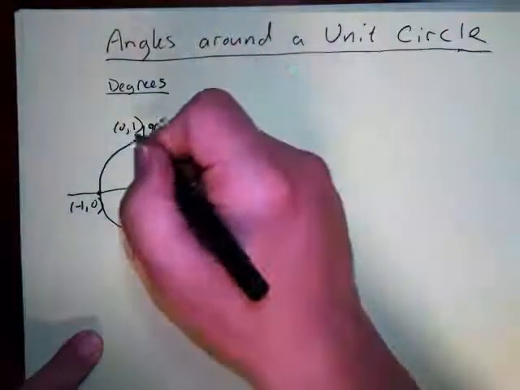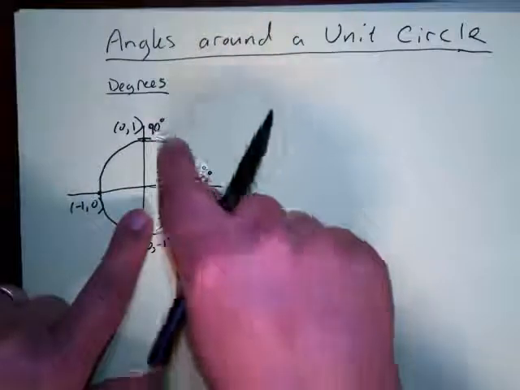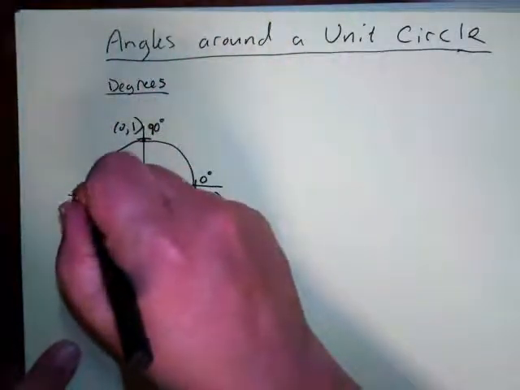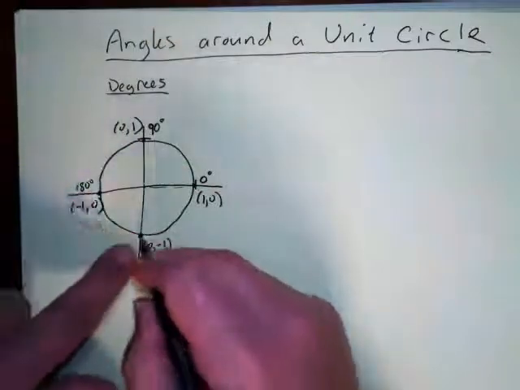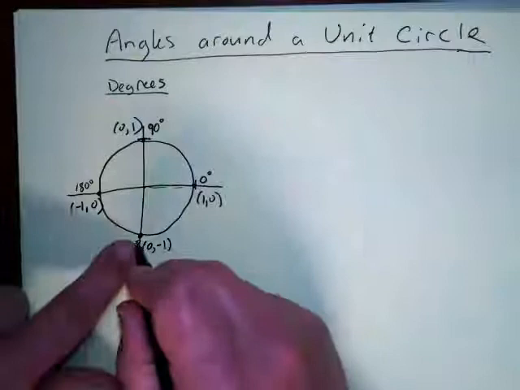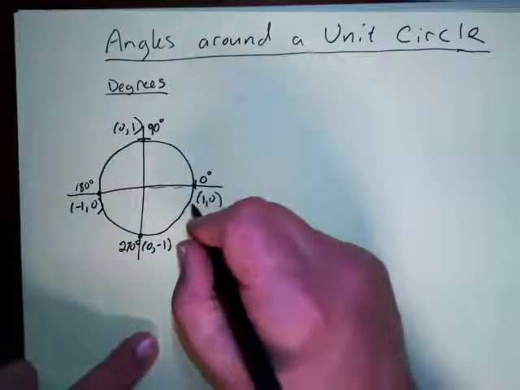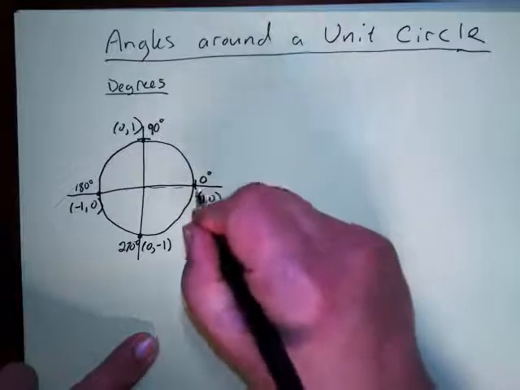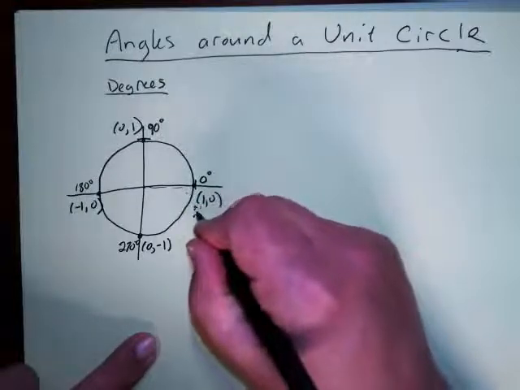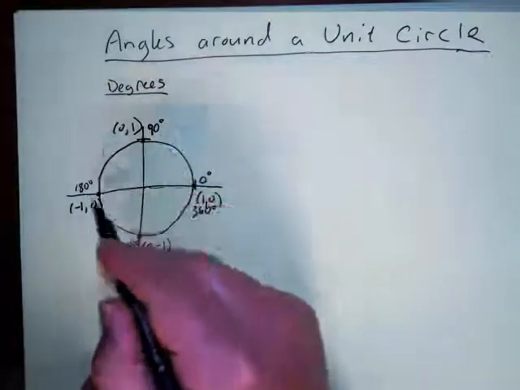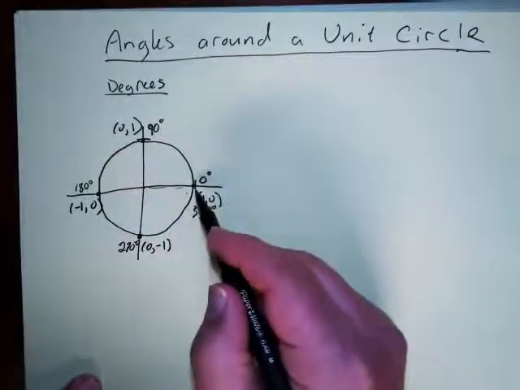A right angle. And then by the time this thing rotated over to this side, this would be 180 degrees. Right? If you rotated down here, this would be 270 degrees. And then you rotate from here to here, this would be 360 degrees, right? And so if you go all the way around the circle, that's 360 degrees.